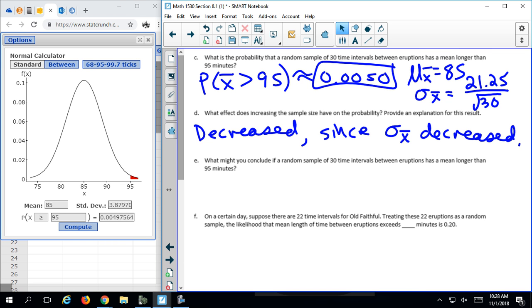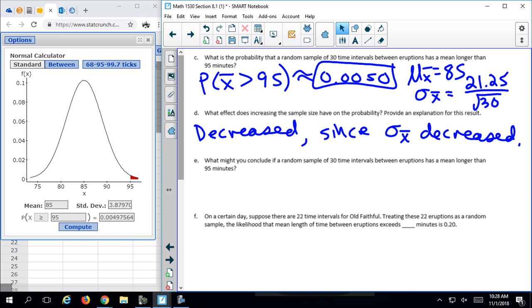So what we would think is maybe that number is wrong. Maybe something has changed since we decided that was the number. So how did we decide it was 85? Well, somebody did research and calculated. They took a sample. They couldn't measure every single time interval between the eruptions.